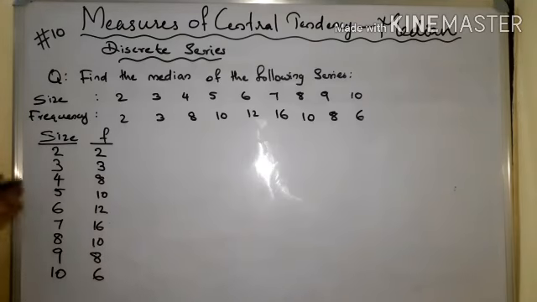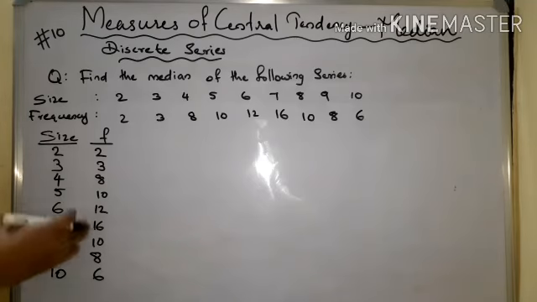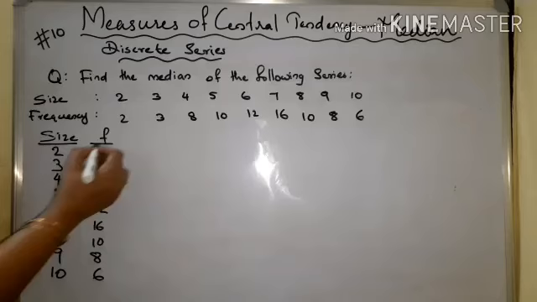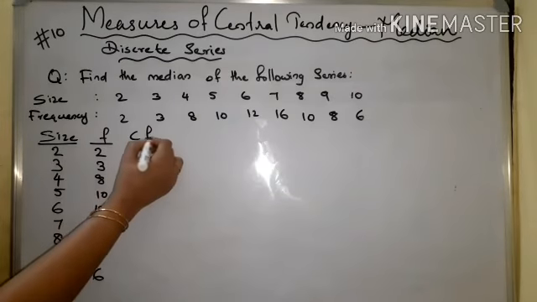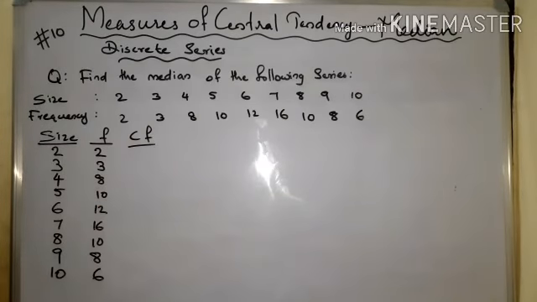The variables or items and their corresponding frequencies we have written. Then the next step is to convert this normal frequency into cumulative frequency, CF. The third step is to find out the cumulative frequency.